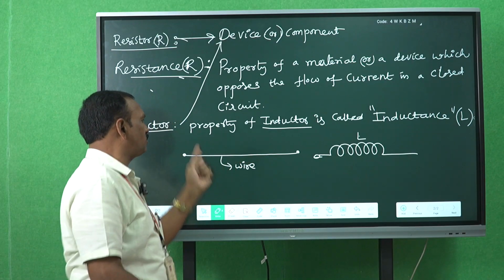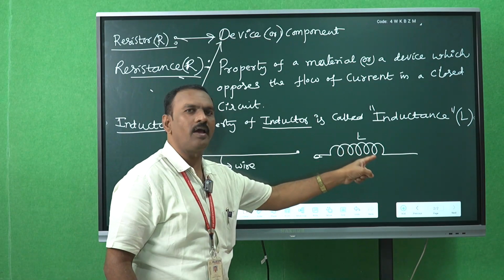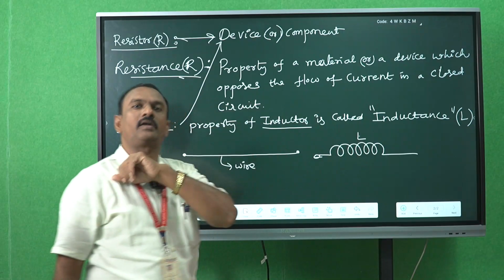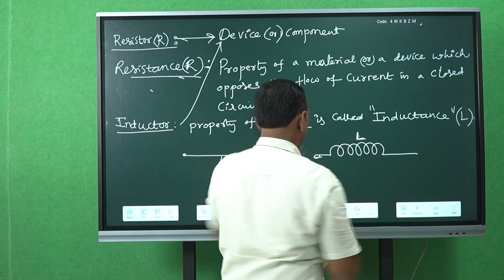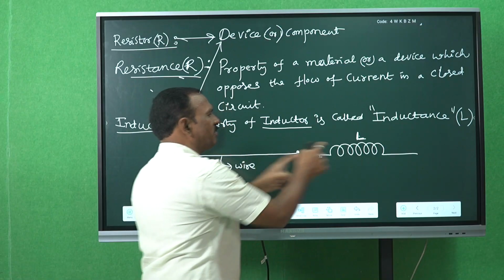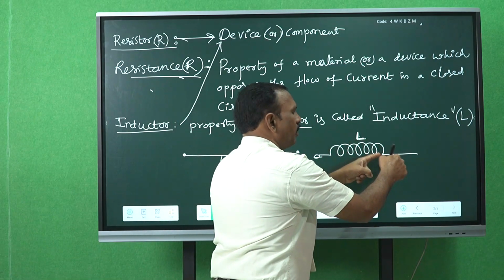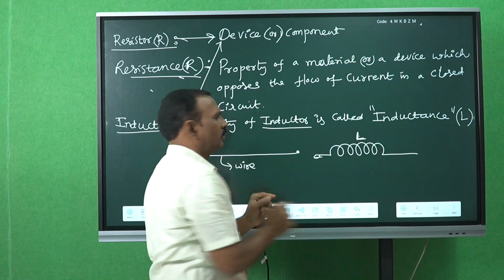This wire is twisted into a coil shape, and then it becomes an inductor. So this is the inductor: a certain length of wire twisted into a coil shape.